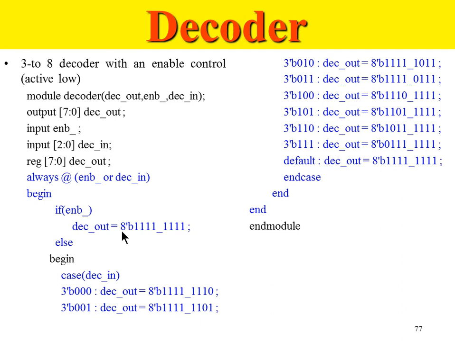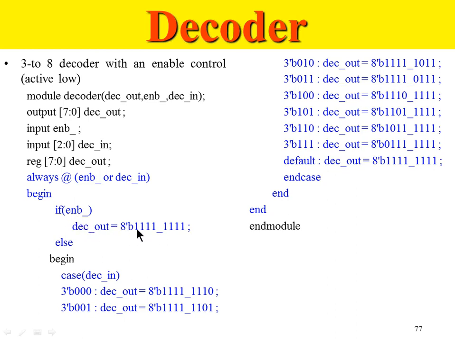Okay, any other questions? No. Okay. Why would you want to use non-blocking? Is there an advantage for using non-blocking assignment? Non-blocking assignment is more beneficial for sequential circuits, but we still use it for all circuits. If this condition is true, this gets 111.